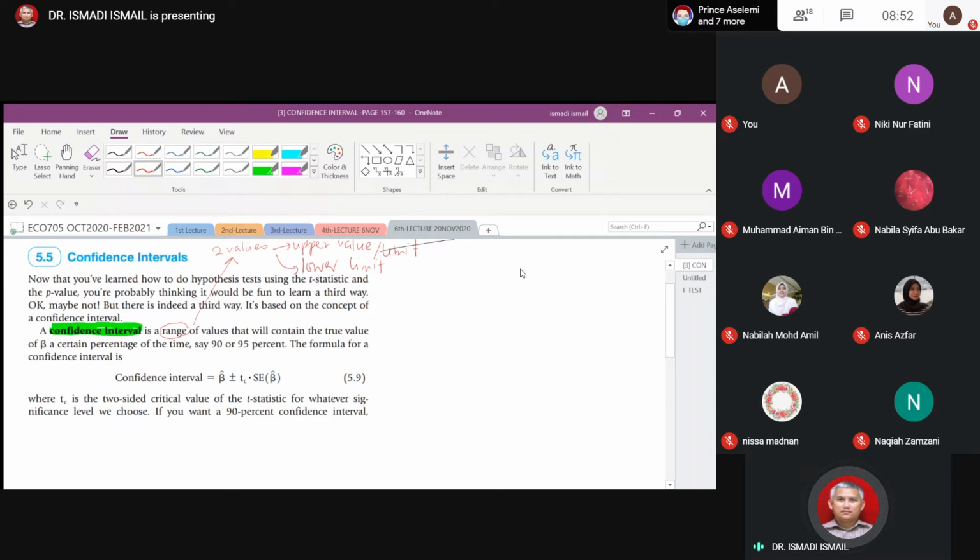So this confidence interval contains the value of the true beta a certain percentage of the time. Let's say it can be 90%, 95% or 99%.